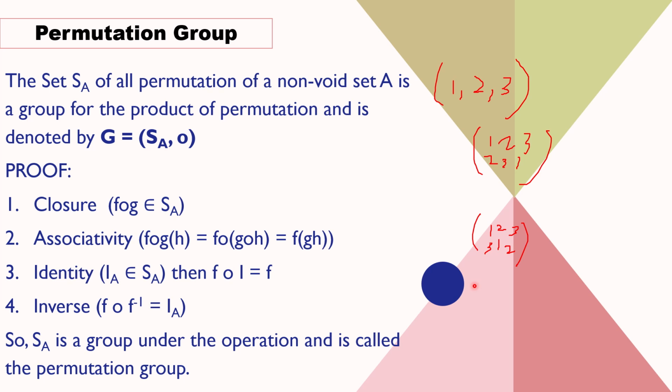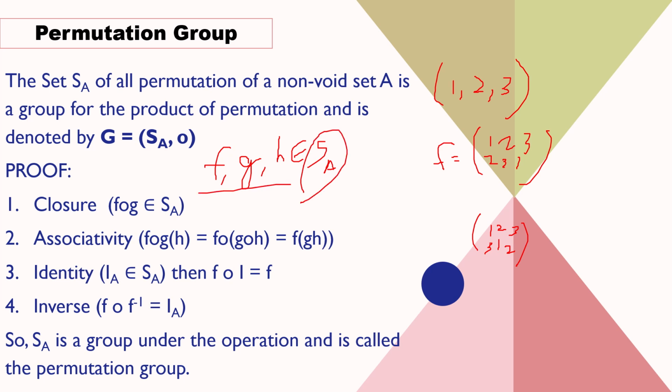So the first property is closure. Let's suppose you take a permutation F, the name of a permutation inside the symmetric group. One permutation is F, one permutation is G, one permutation is H, all elements of a symmetric group SA. We will call it a symmetric group only when the 4 properties are satisfied.